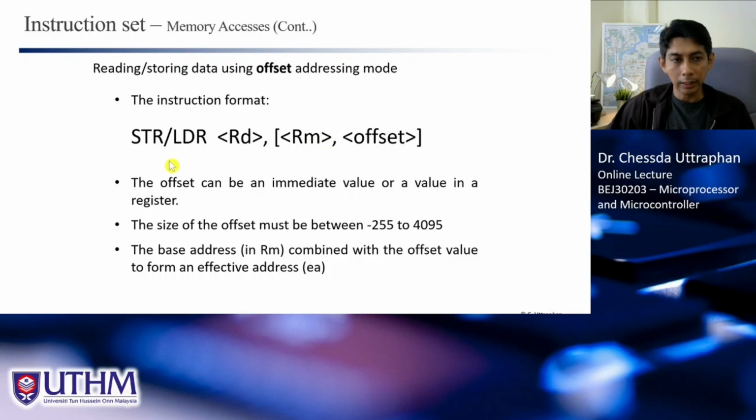So this is the format. Similar to the previous one, the only difference is that the address we want to access has this offset. The offset size must be from -255 to 4095.